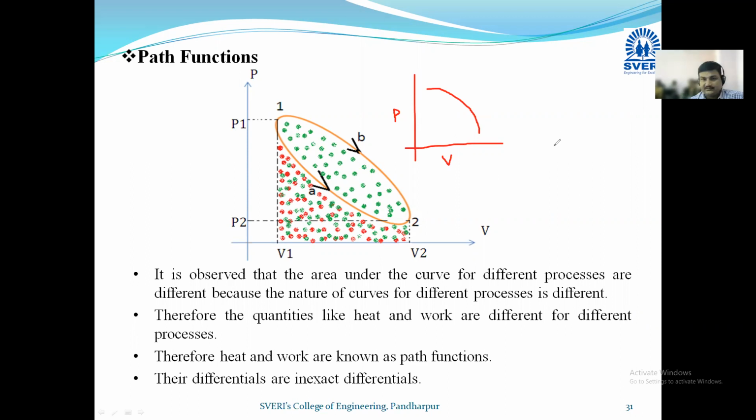राईट. Similarly, 1A2, this is the pressure, this is the volume, and 1A2 is represented like this. Here there is a 1, here there is a 2. And area under this curve means this much area.